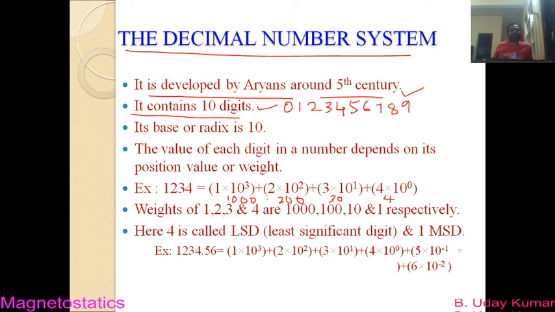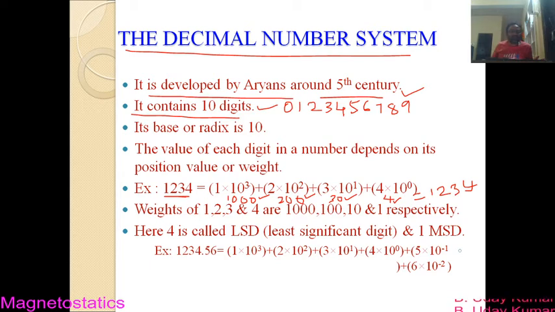If you add all these, you get 1234. So this 1234 is a decimal number. It has 4 digits, and depending on the position of those digits, their weight will be different.